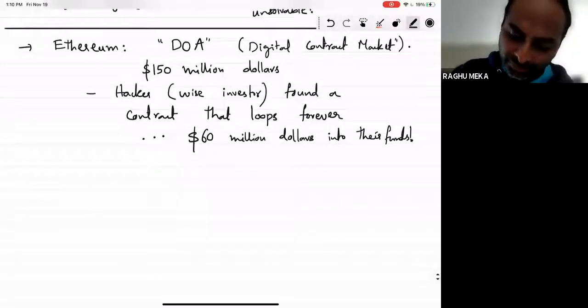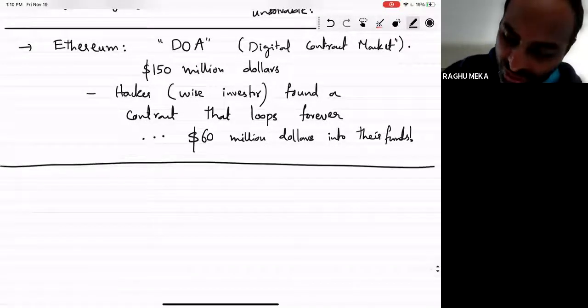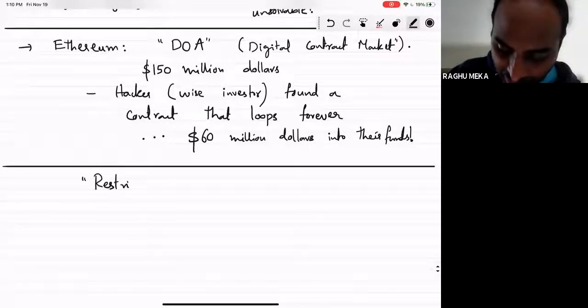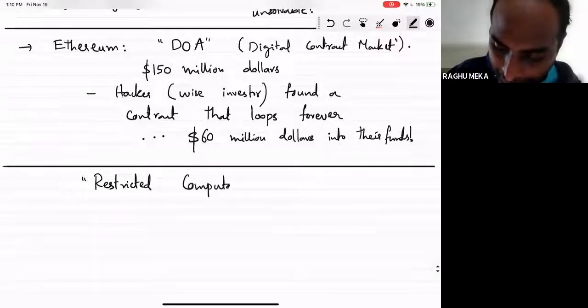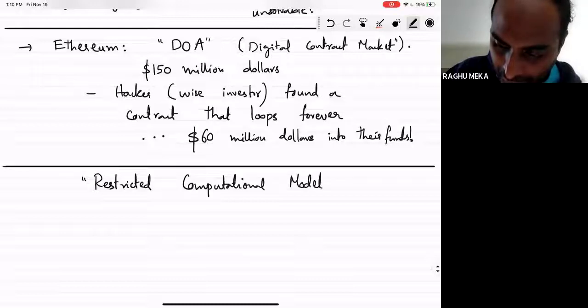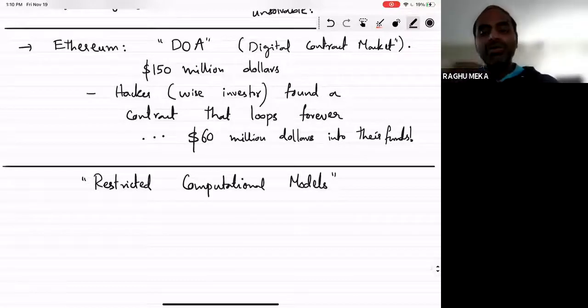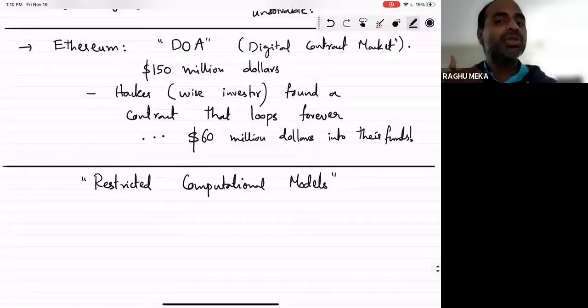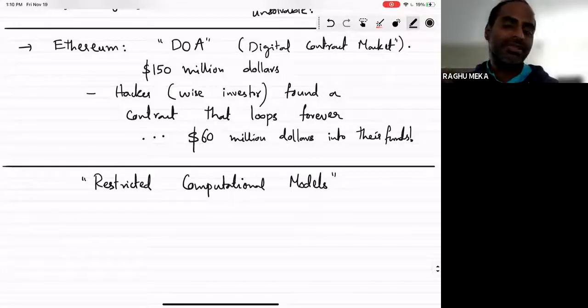Okay. So this motivates the question of studying restricted computational models. So I want to design restricted computational models, things which are going to be more limited in power than Turing machines, but useful for some specific purposes.